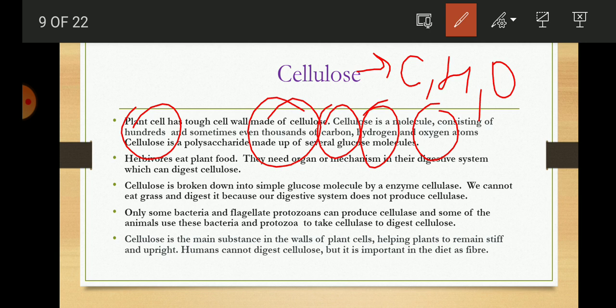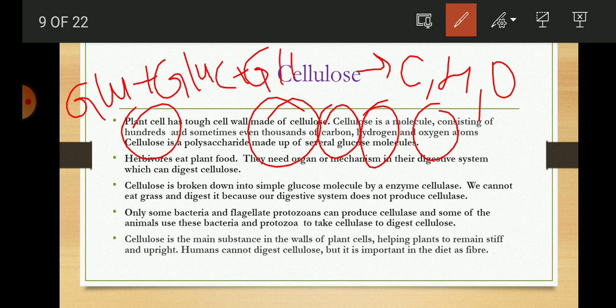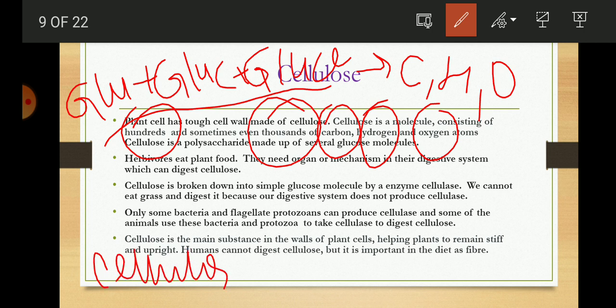Means when different glucose molecules join, they form the cellulose molecule. Cellulose is the complex form of the food, and it is made up of several molecules of glucose.